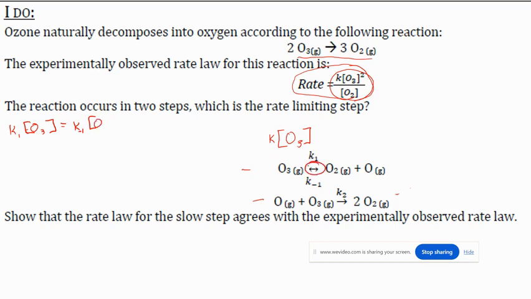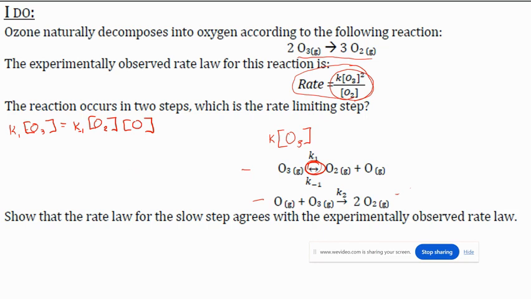That's where I'm getting this equal from. That's a double arrow. Equilibrium means that this is forming at the same rate that this is forming, and this is forming at the same rate that this is forming. Okay, that makes sense.